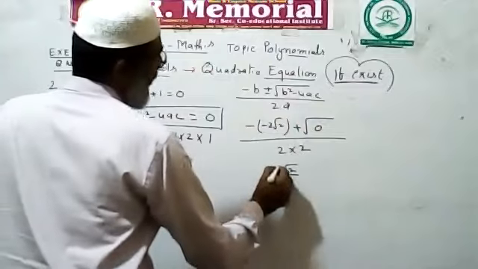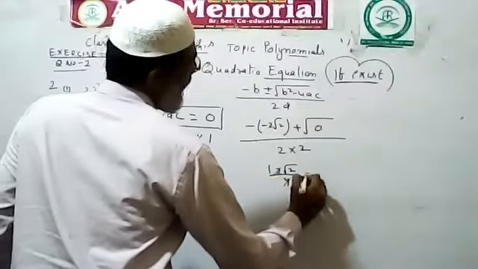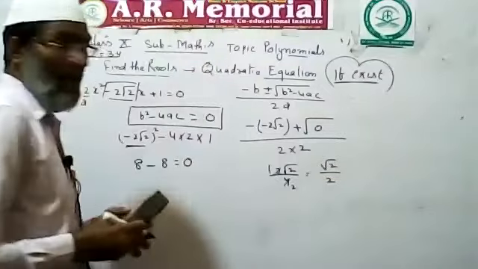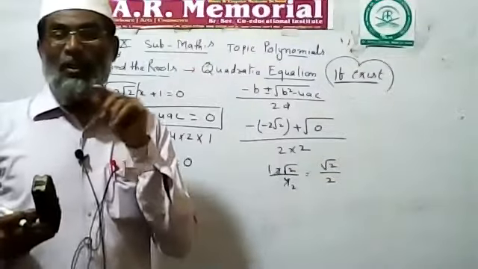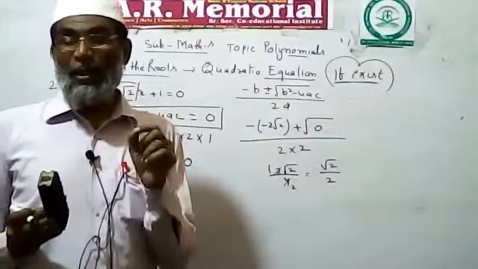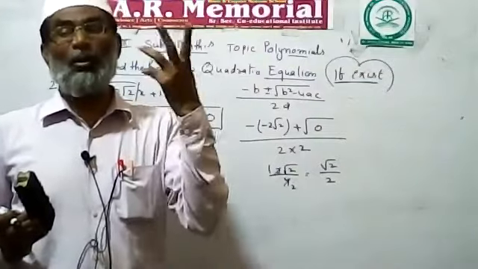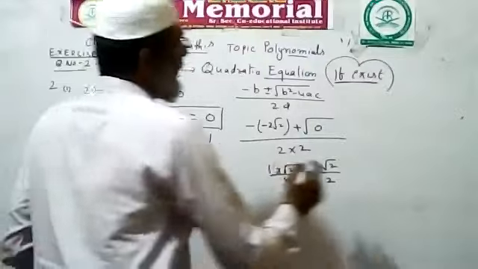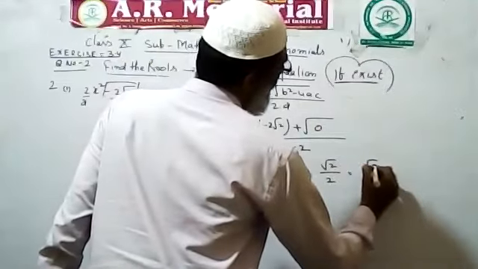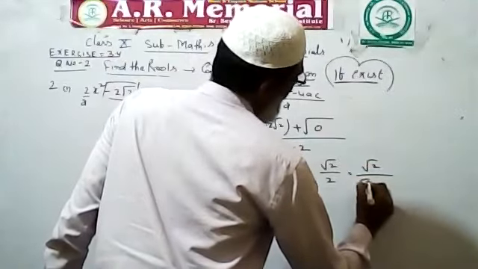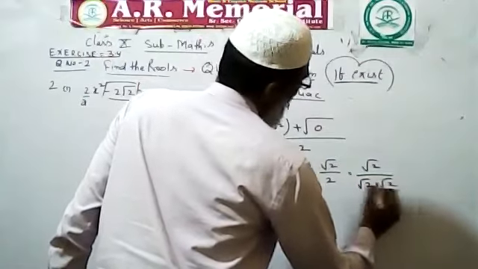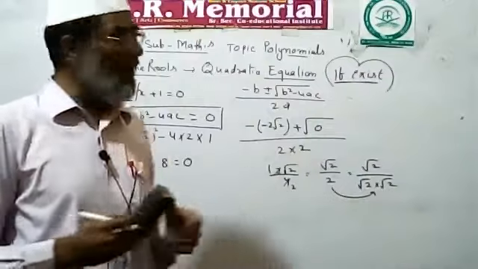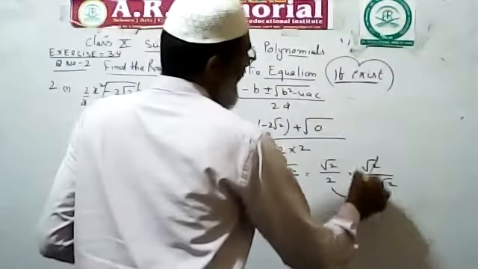So here 2 1s are 2, 2 2s are 4. Root 2 upon 2. We can write this, my students. We never write an under-root number in the numerator, so we will avoid this. Now further, root 2 upon root 2 into root 2. This is the factor of 2. These two numbers are the factor of this one and this one.